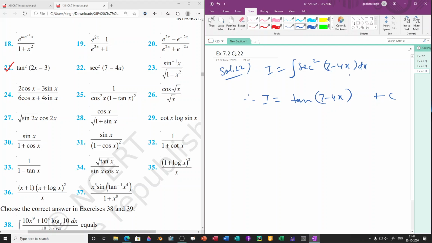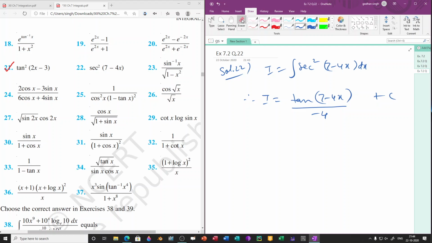But we can see that our x is in the form of ax plus b. What we'll be doing is we'll differentiate 7 minus 4x, and derivative of 7 minus 4x is minus 4. So just simply we have to divide this tan 7 minus 4x with minus 4, and that will be our final answer. So our final answer is I equal to tan 7 minus 4x over minus 4 plus c, and usually we do not write minus in the denominator.